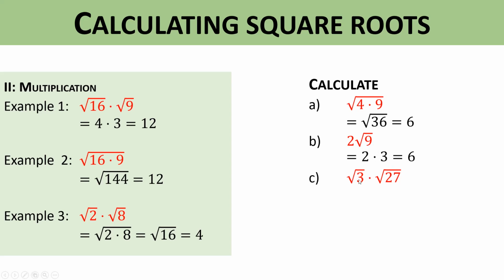Square root of 3, we don't know how to calculate that. Square root of 27, impossible, but what we can do is say, rather than taking the square roots first and then multiplying, we can multiply these two numbers first. 3 times 27 is 81, and then we take the square root of 81, which is 9. So we can calculate this expression as a whole.